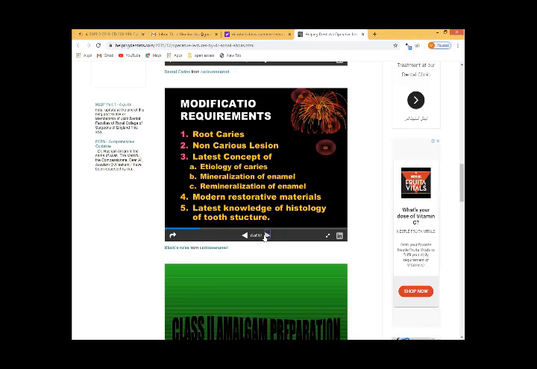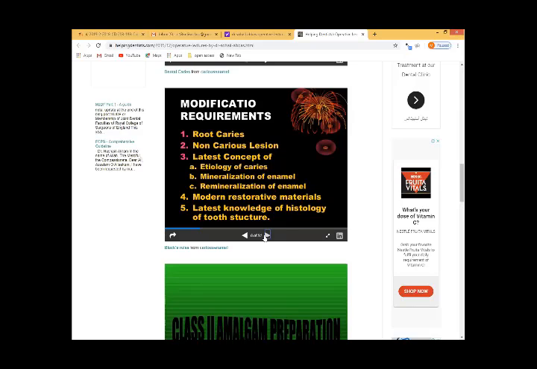And in etiology, again, we have very expanded knowledge, and that knowledge has changed in the last decades. So now there are new requirements. I don't say that the principles are at their highest point, but there are modifications now needed in these Black rules of cavity design.